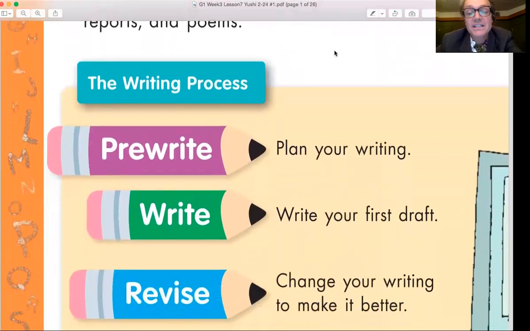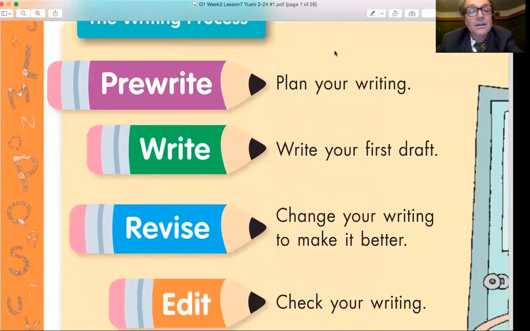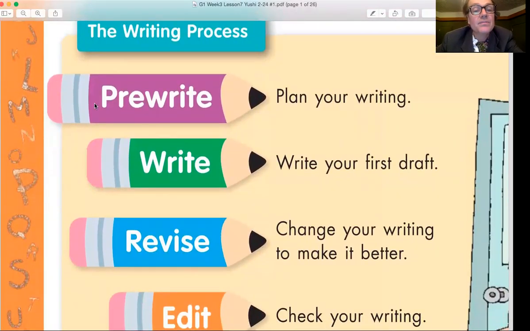Here's the process that is a good way to think about how to start writing. We have pre-write. That means before you write, what are you going to do? That's for planning your writing. We have the writing part, to write your first draft. That means the first thing. It's not the final draft, but it's the beginning of writing.